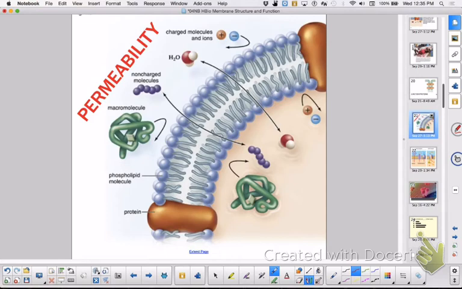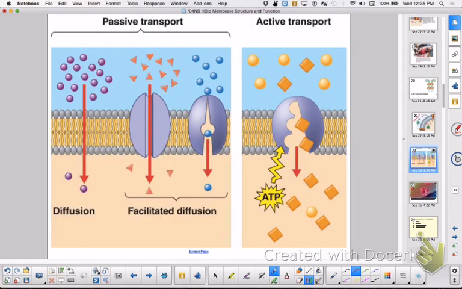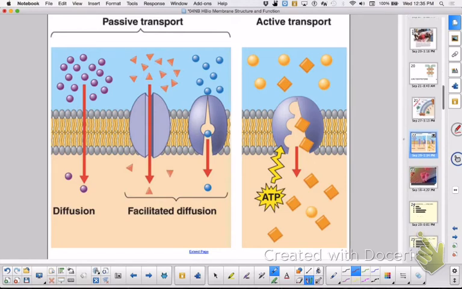Okay? So we talked about passive transport going with the gradient, either through the phospholipid or using a channel or carrier. If we use a channel or carrier, it's called what kind of diffusion? Facilitated. If we go against the gradient, it's called active, like a sodium-potassium pump. Talked about aquaporins.